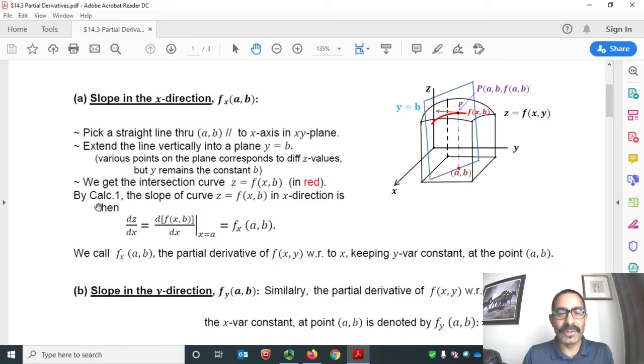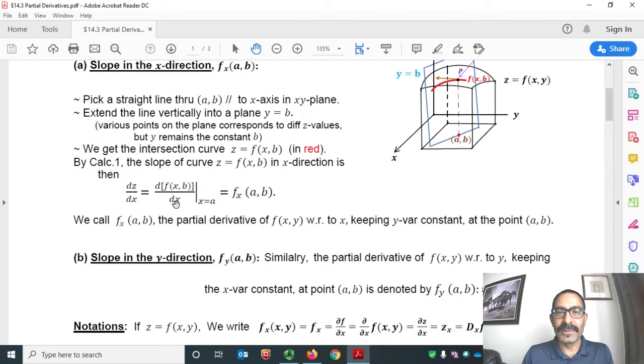So by calculus 1, the slope of the curve z equals f(x, b) in the x direction is simply the regular derivative, dz over dx equals d over dx of f(x, b), evaluated at x equals a, and we denote this derivative by this notation here, f_x(a, b), the derivative with respect to x, keeping y constant, evaluated at (a, b).